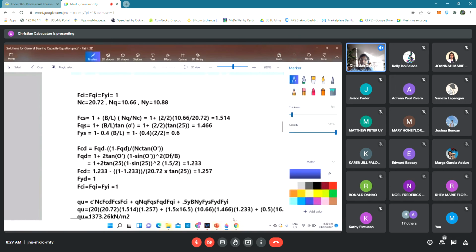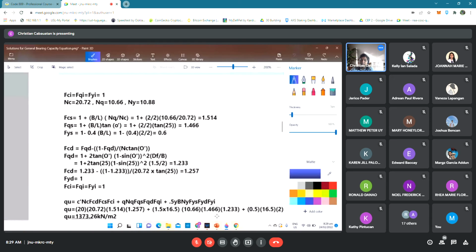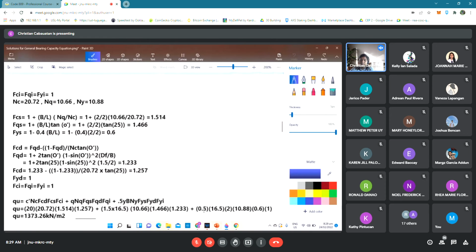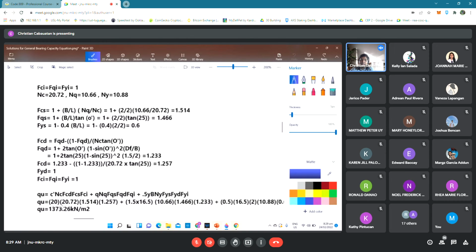Hindi na natin sinama si FQI because it is 1. Plus 0.5 times 16.5 times 2 times 10.88 times 0.6 times 1. Therefore, the value that we get is equal to 1,373.26.